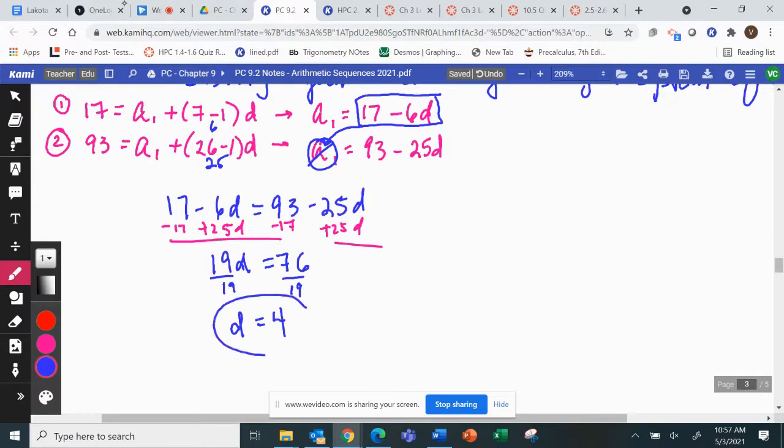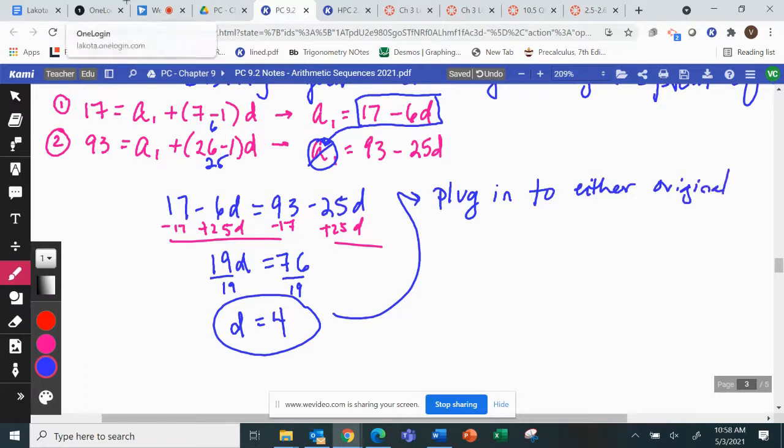Once you have one of the variables, you're going to plug it into either original equation.